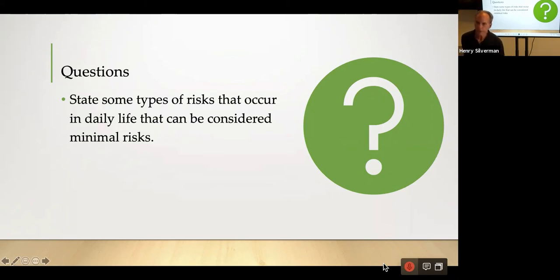Well, as I see two people riding in cars, I think that a routine activity that we do is driving in cars, and we hope that that's considered minimal risk. If it was, I don't think we'd be doing it too often.